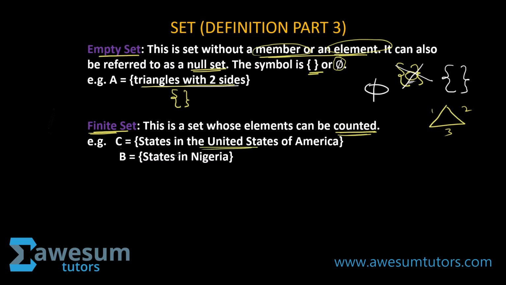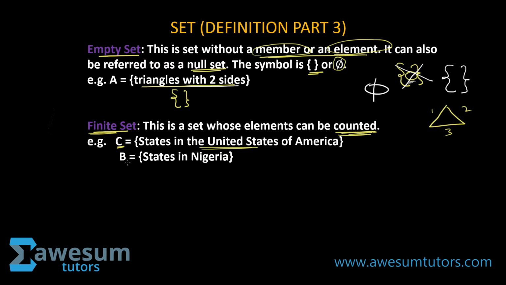How many states do you have? You have 50 states. You can count that. That means in this set C, all you have to do is list the 50 states. That is a finite set because it can be counted.